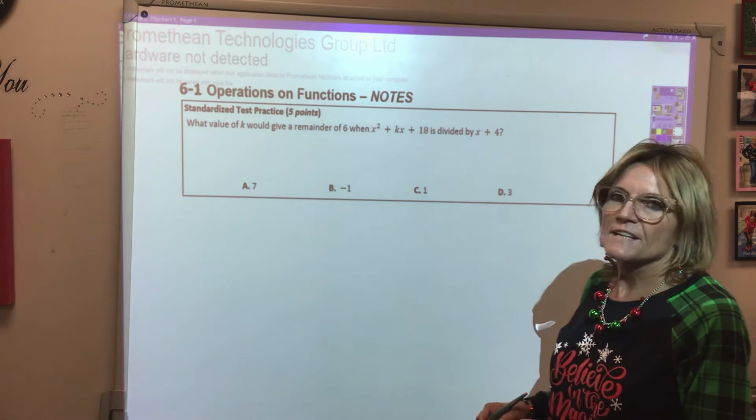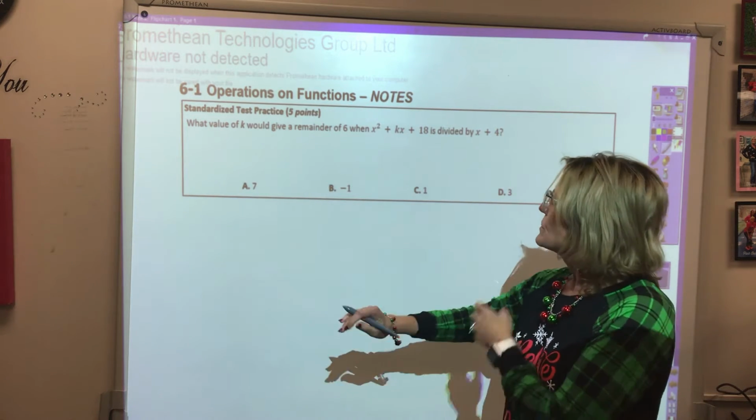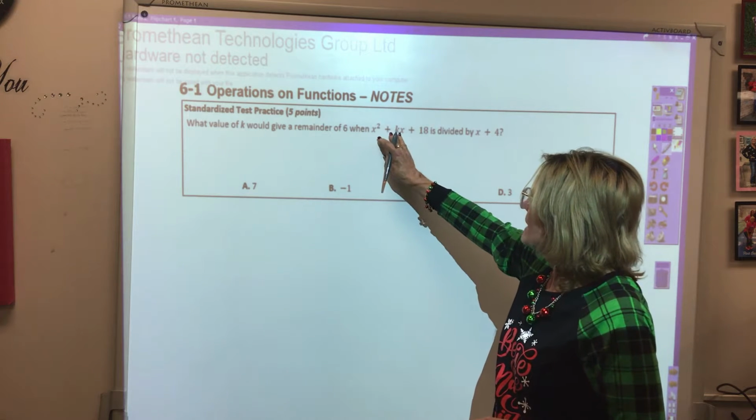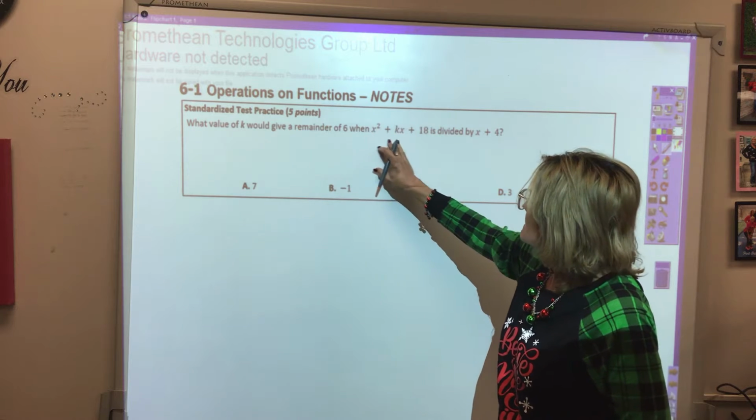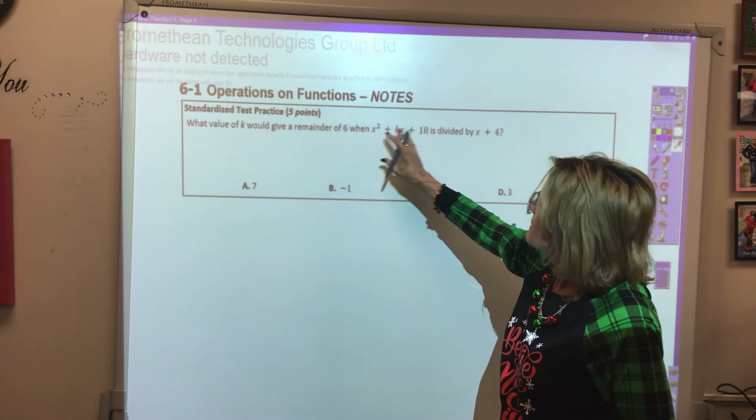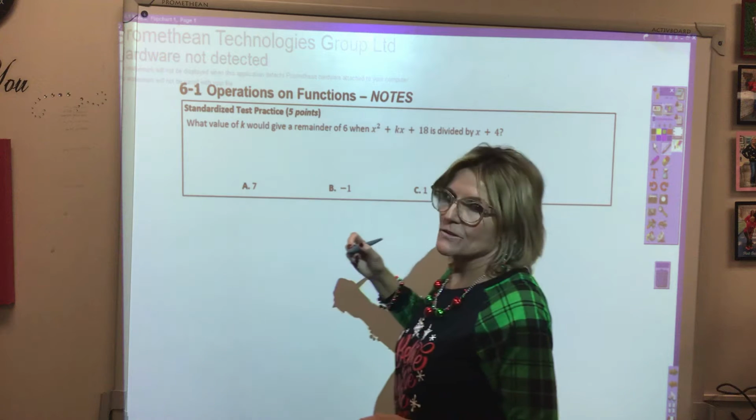We're going to use synthetic substitution. We're going to put a -4 in where x is, and we're going to set this equal to 6 because that's what our remainder is.